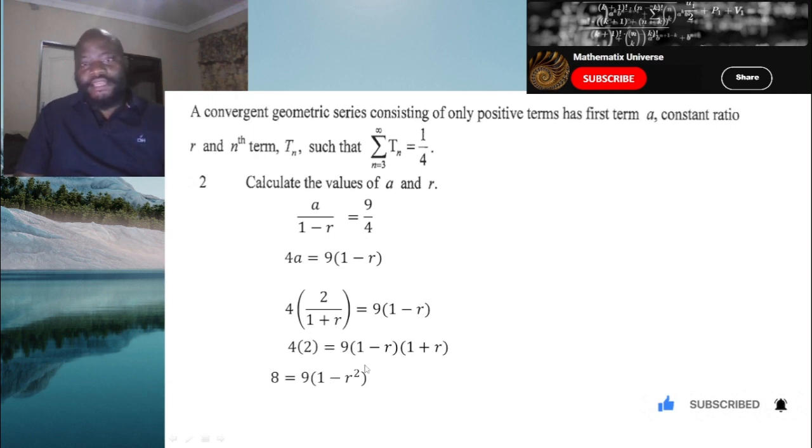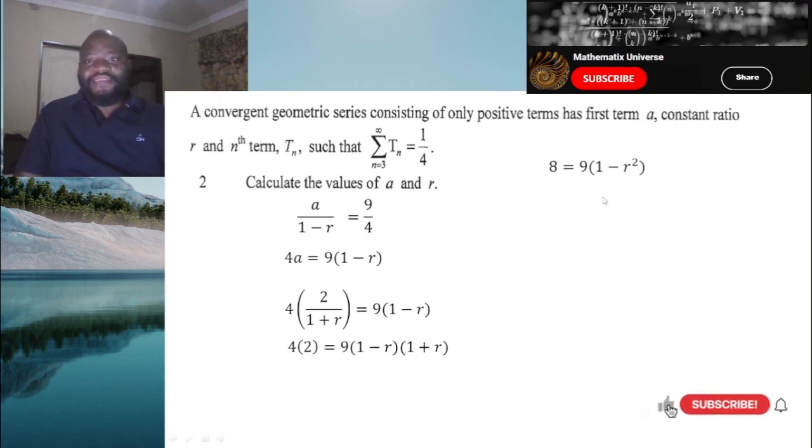Nice. So now let's take this over here and continue with it. There are a couple of ways you can go about this. You can multiply the 9 into the bracket, and then you'll get 9 minus 9r squared. You take the negative 9r squared this side, and you bring the 8 this side. So it will be 9 minus 8, that's 1.